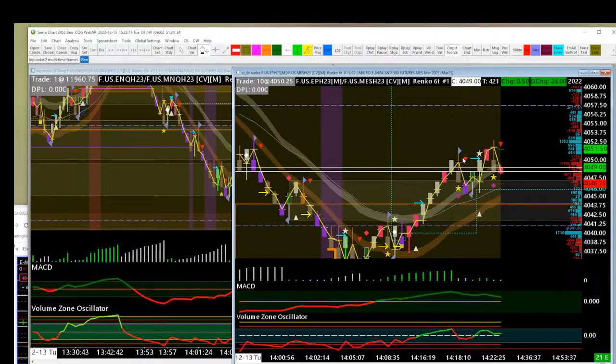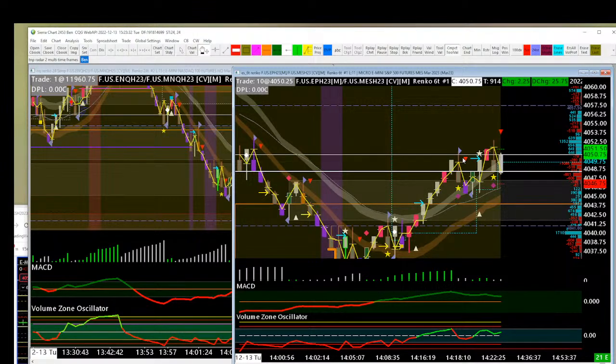That way you can decide, if you know what your setups look like and you have discretion for taking them or not, whether you should be using more or less discretion. Because I know that without any discretion, the setups work like 60+% of the time, just waiting for the setup, the pattern, and taking every single one.